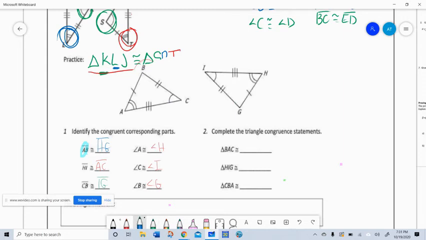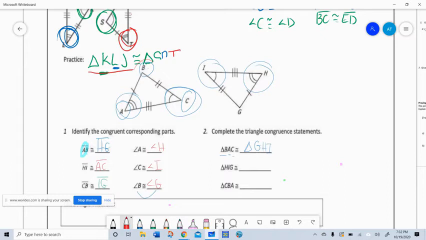If we started B, A, C here, then we would need to start with the angle that corresponds to B, which we know is G. So this would be triangle G. And then the A here corresponds with H here because that has 2 lines. And the C with 1 tick mark corresponds to the I. So this would be congruent to GHI.